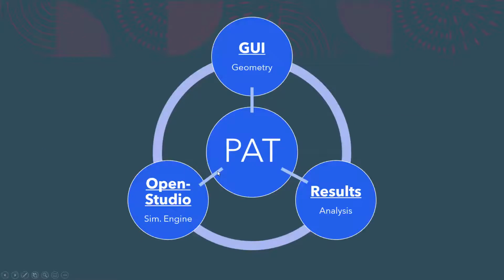There we go. So this is what the parametric analysis tool is trying to do, is allow you to go seamlessly between the graphic user interface of editing the geometry to the simulation engine settings to running and processing results, being able to go in between those while also still working in the typical fashion that we know.